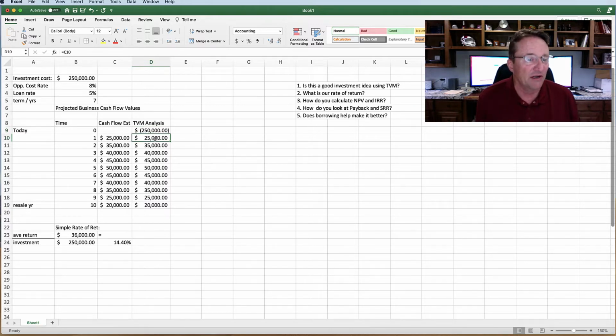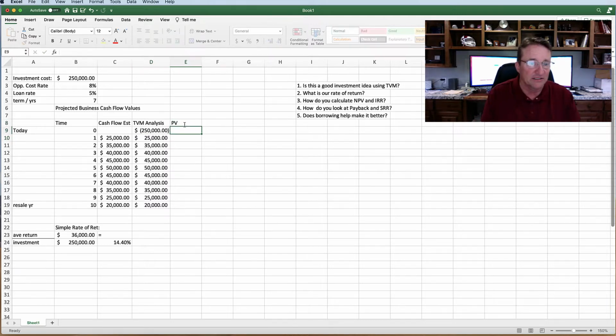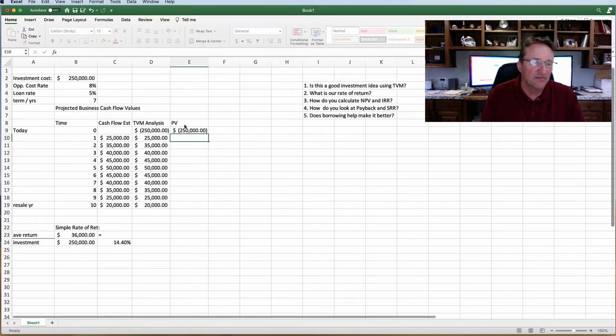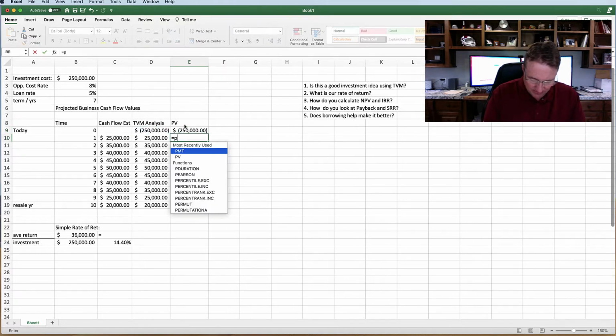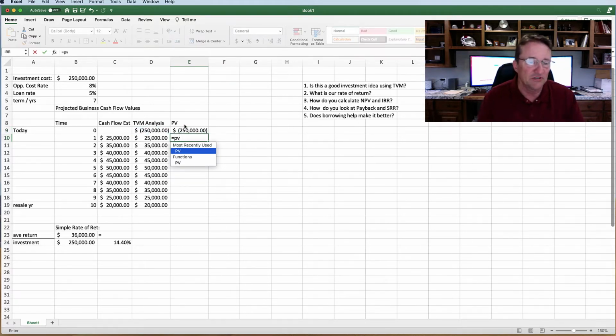But in year one, if you've got to wait a year to get $25,000, what is that really worth? So what I can do is put a column over here and do present value. So present value of that is the same. Present value, so equals PV, open your brackets. It wants to know the rate. Well, the rate is that opportunity cost right there, comma. It wants to know the time period, like how far.